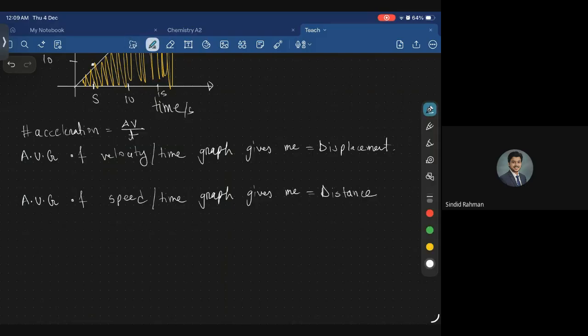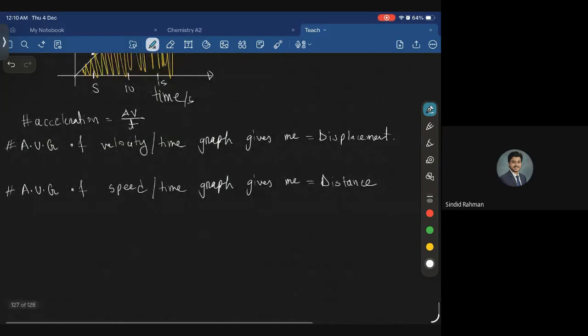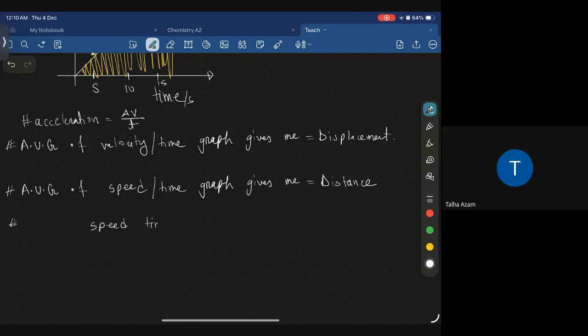And then we have learned how we can find the acceleration from a speed time graph. Changing that speed over time. Yeah, but how can we find it from the graph?